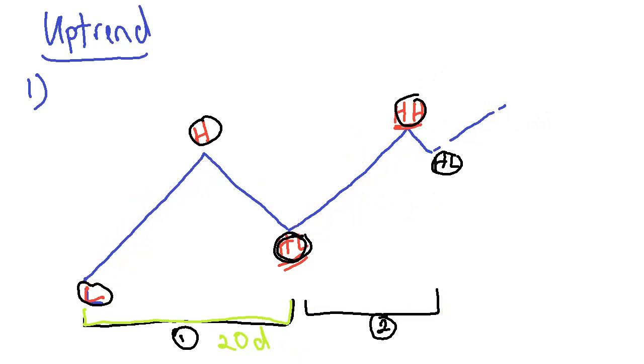Now if you look at this particular up move, this up move is followed by a retracement, right? Now we want to study the retracement because the retracement will tell us whether the next move is going to be powerful or not.